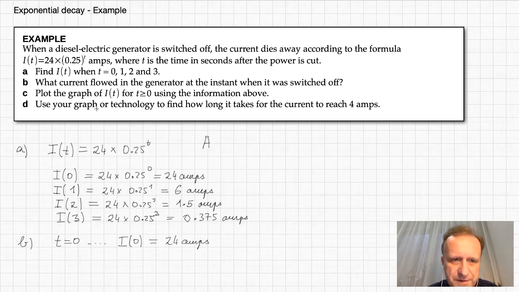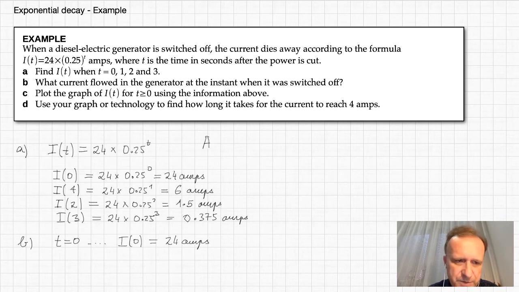Okay, now the last part, and this is very interesting. Use your graph or technology to find how long it takes for the current to reach 4 amps. Okay, so we know that 4 amps is reached sometime between 1 and 2, because the current at the time 1 was 6 amps and at 2 it was 1.5, and it decreases.